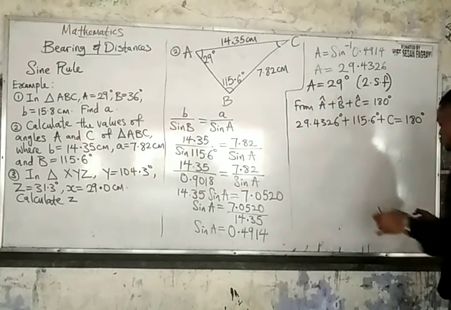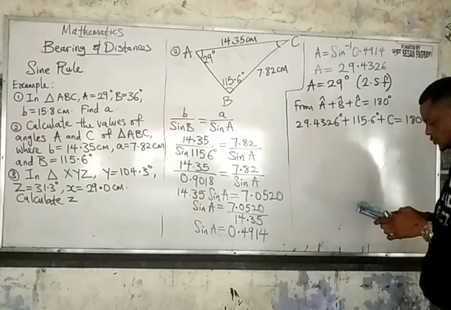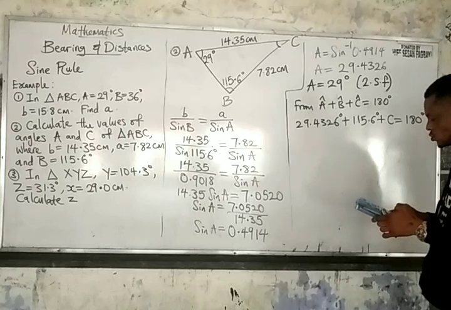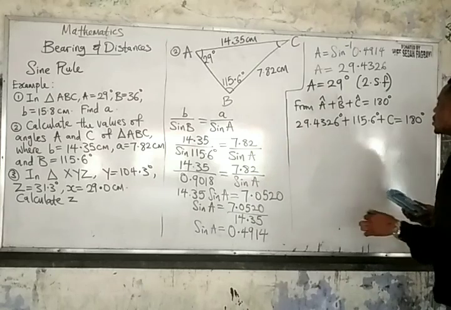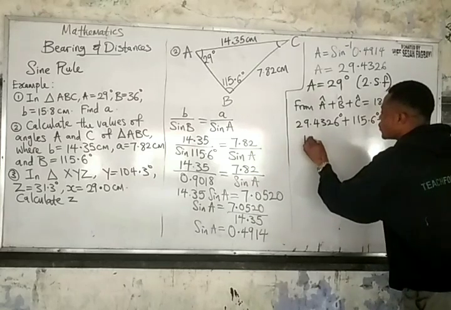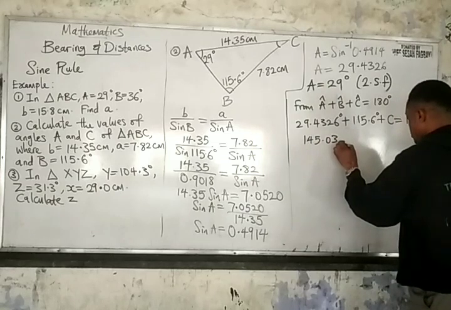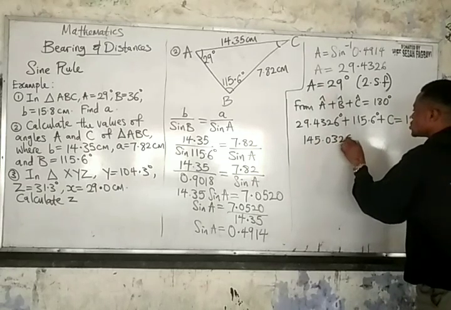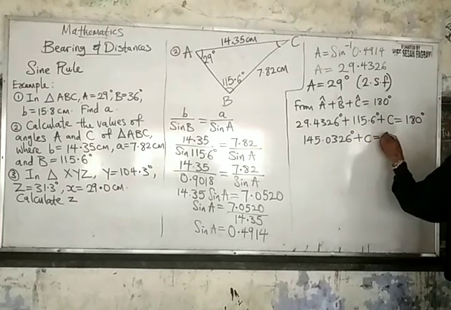So addition of the two, 29.4326 plus 115.6, will give us 145.0326 degrees. Now plus C to give us 180 degrees.